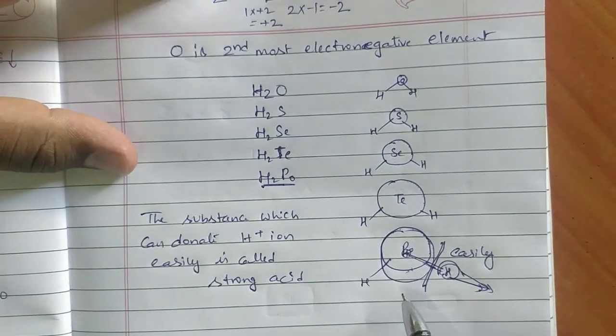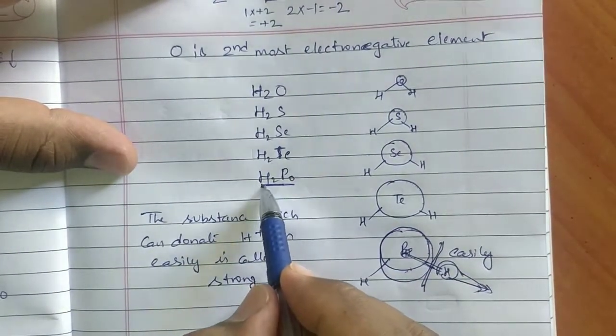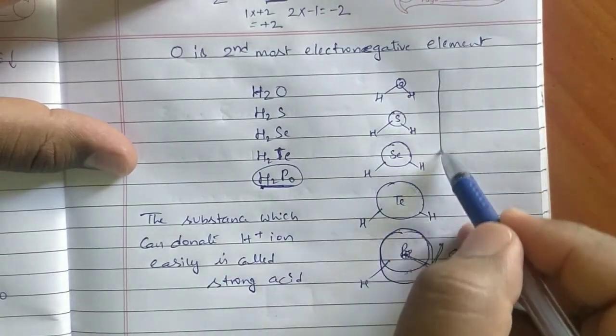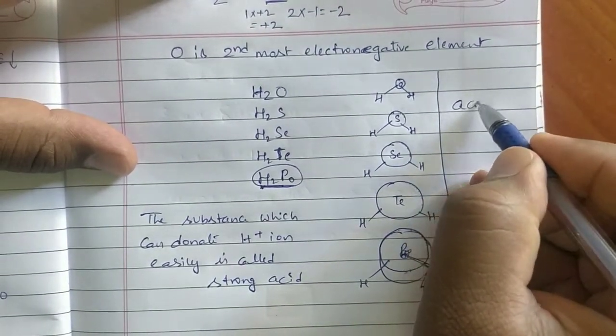Out of these compounds, which can donate the H plus ion easily? H2Po. So this is a strong acid, and this is a weak acid.